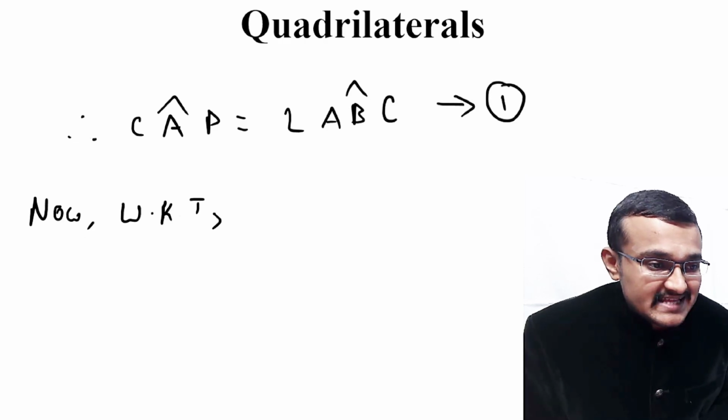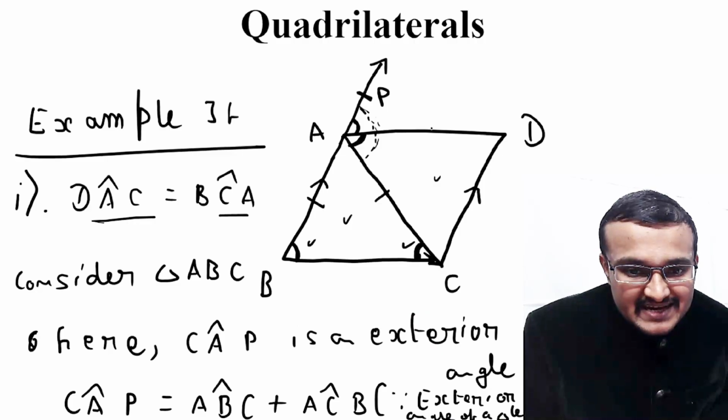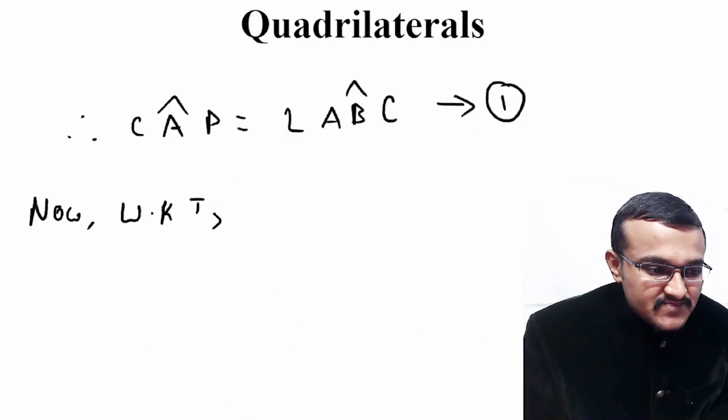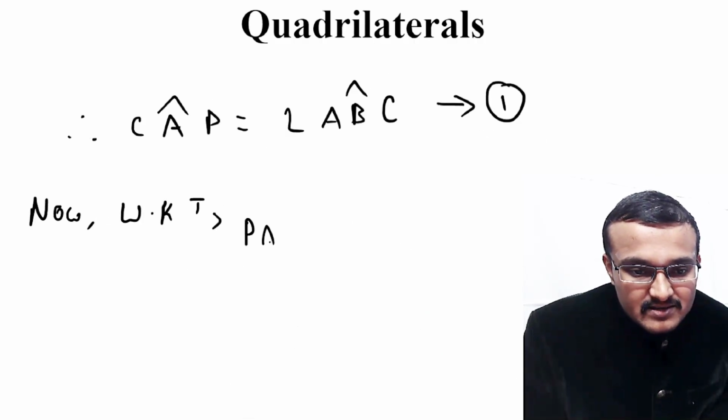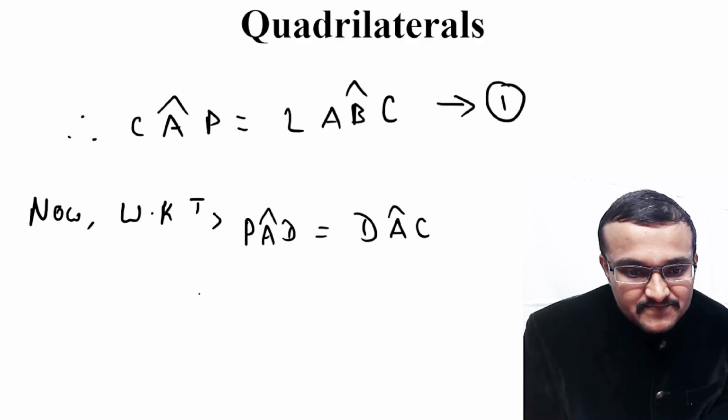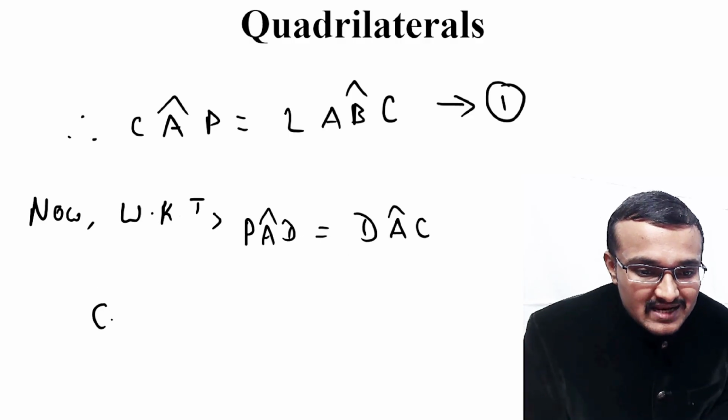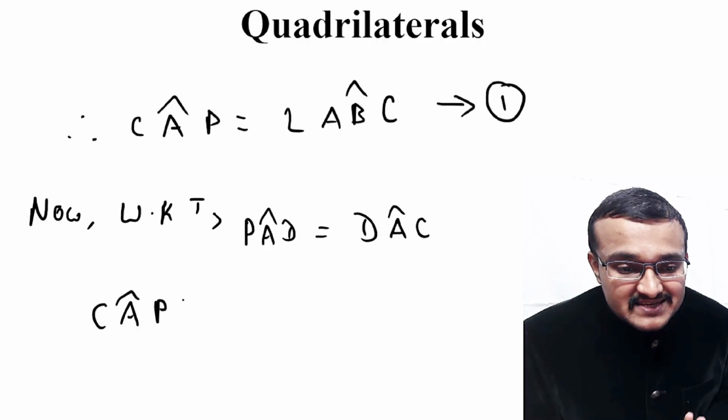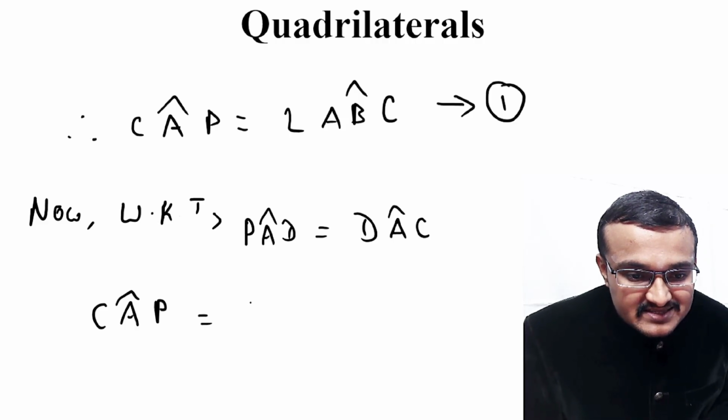So here one more data they have given, that is PAD is equal to DAC. So they have given PAD is equal to DAC, and the total angle CAP is equal to PAD plus DAC.